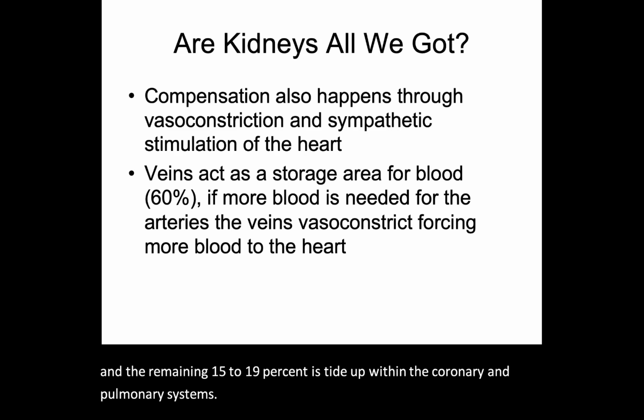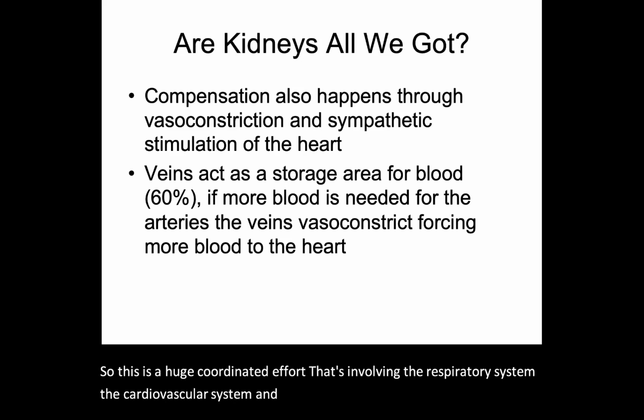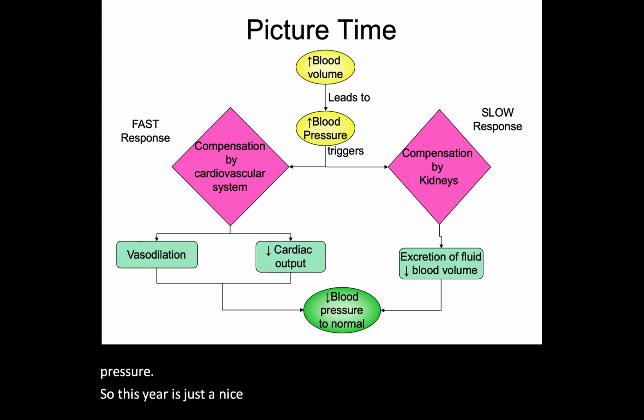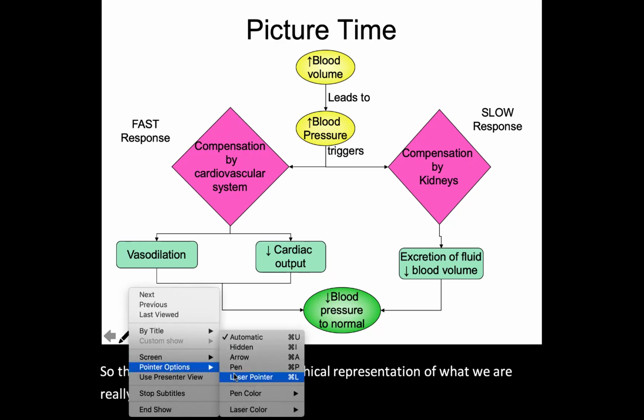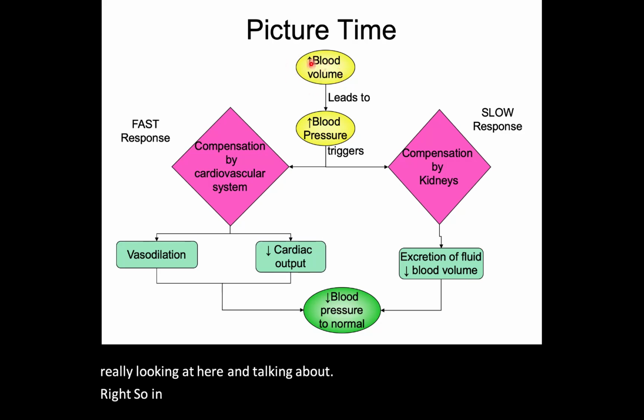So this is a huge coordinated effort involving the respiratory system, the cardiovascular system, and the urinary system to maintain blood pressure. So this here is just a nice little graphical representation of what we are talking about. In this case, if blood volume increases, that's going to lead to an increase in blood pressure.